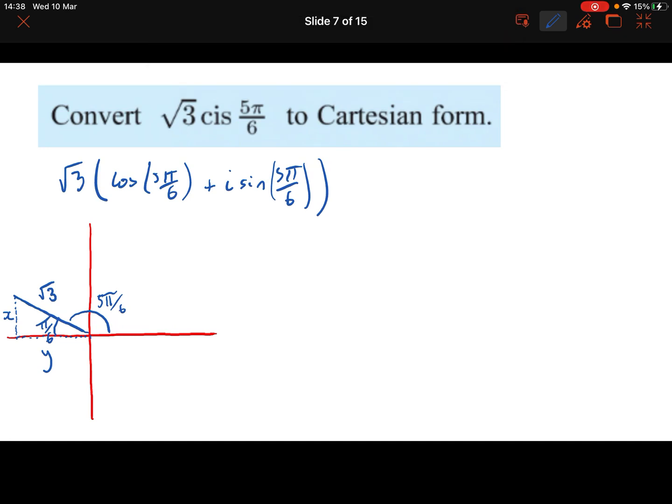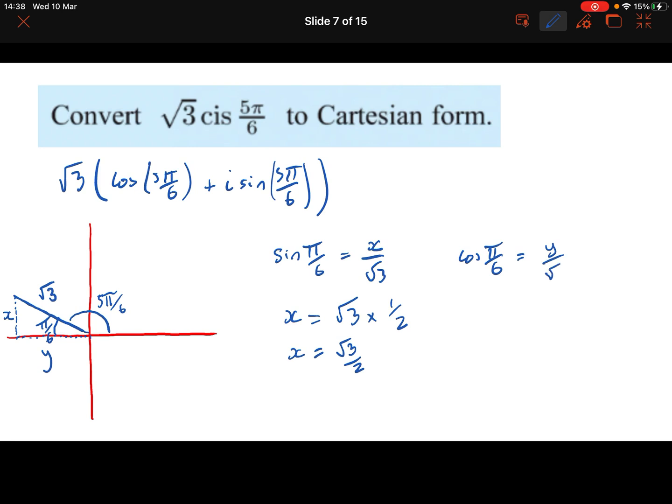Let's just have a look at this a second. The sine of pi over 6 is equal to x over root 3. So x is equal to root 3 times sine pi over 6. That's sine of 30, that's a half. So x is equal to root 3 over 2. What about y? Well, cosine of pi over 6 is equal to y over root 3.